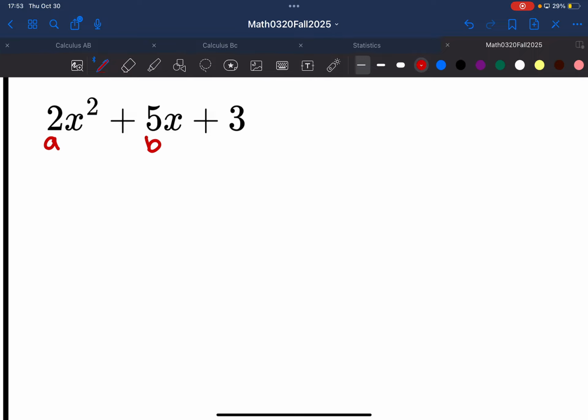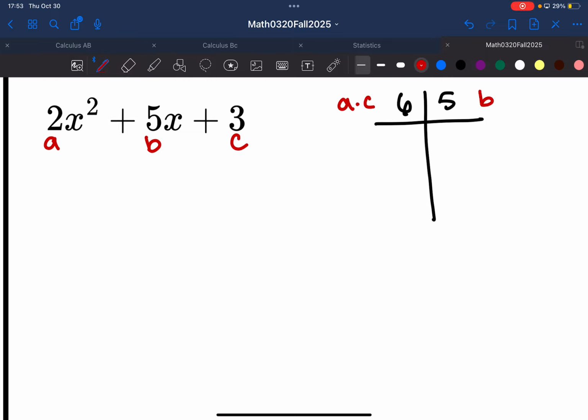And then C? 3. Once we label them, then we multiply A and C. So we do 2 times 3, which is 6. And then we take our B value, which is 5. So this is our A times C, and this is our B.